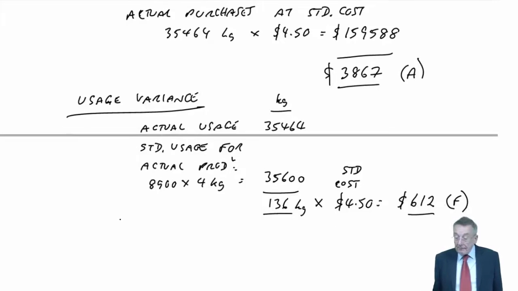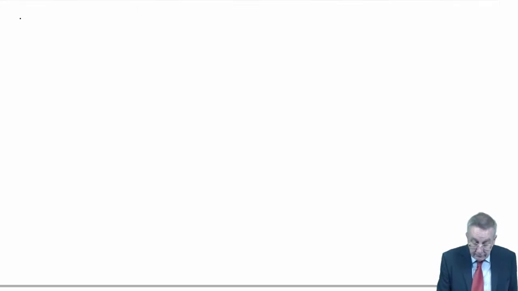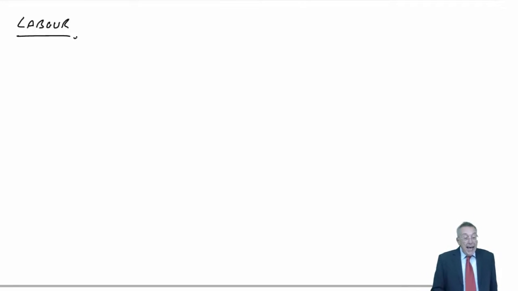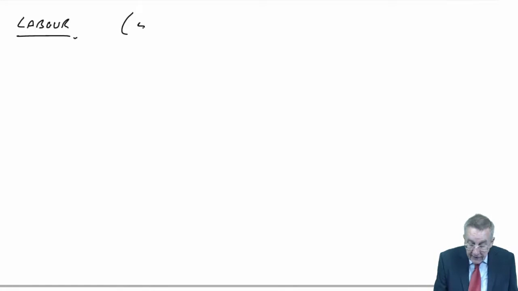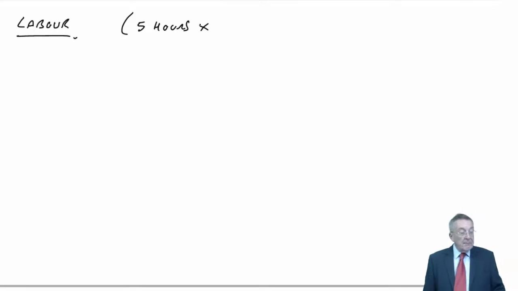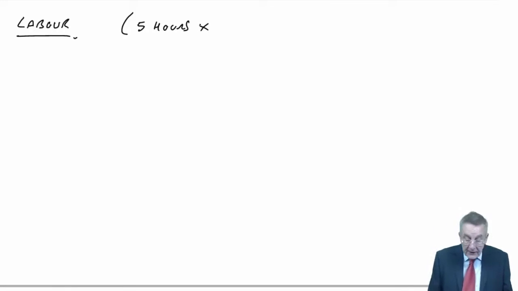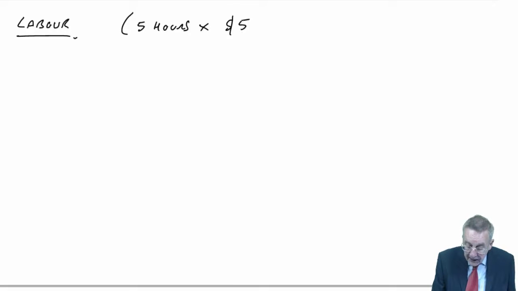In a similar way, let's go through and do all of them. So the next one, let's look at labour. Again, from the cost card, we should be working 5 hours for every unit, and we should be paying the workers $5 per hour.